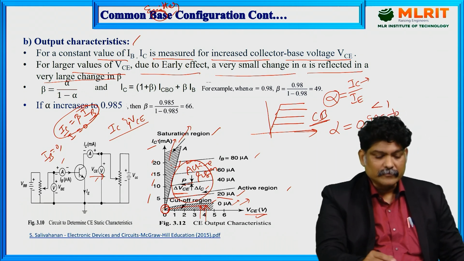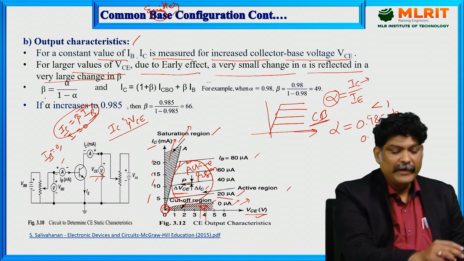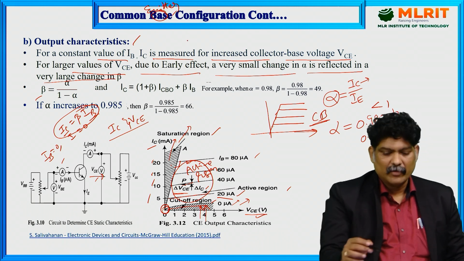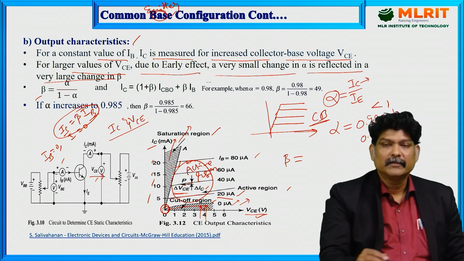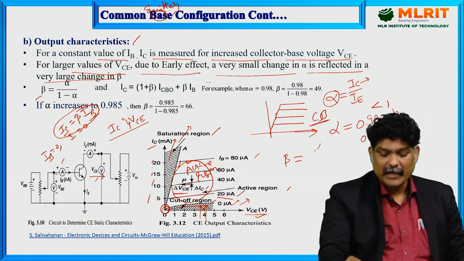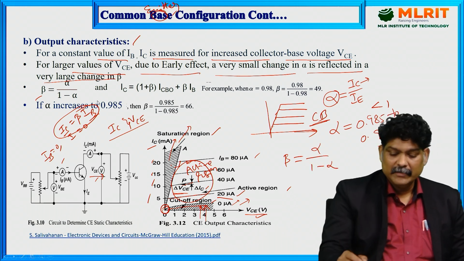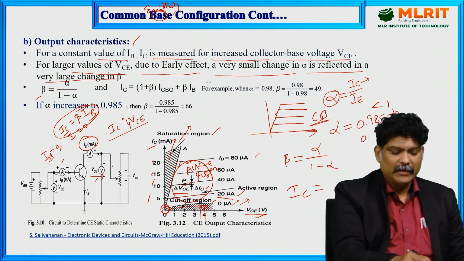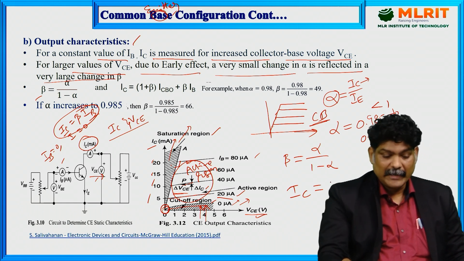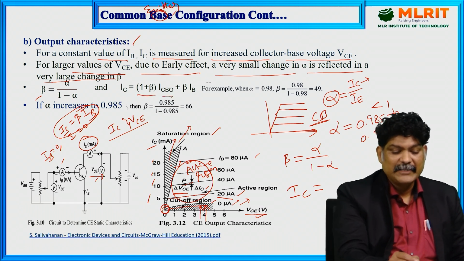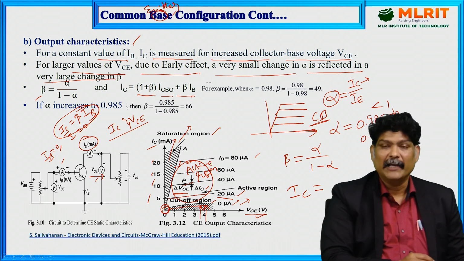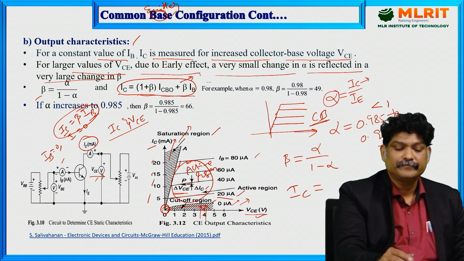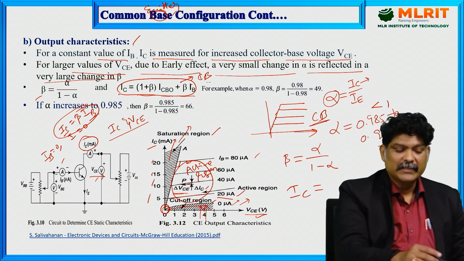Whereas beta is the amplification factor in the common emitter configuration, and it is given by alpha by 1 minus alpha. The output current IC, by applying KVL in the output loop, is IC equals 1 plus beta times ICBO plus beta times IB.